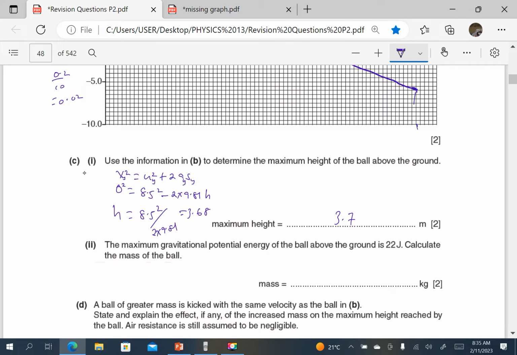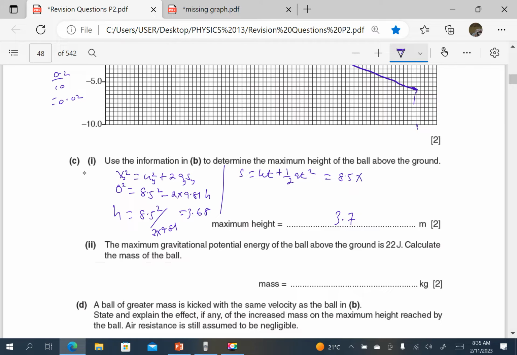Alternatively, you could use another equation of motion. We could use s equals ut plus a half at squared. s will be our height. Initial velocity in the vertical is 8.5, as we have already seen.